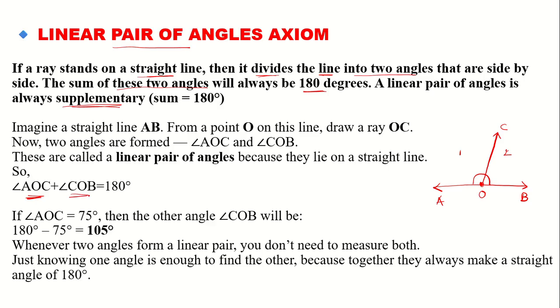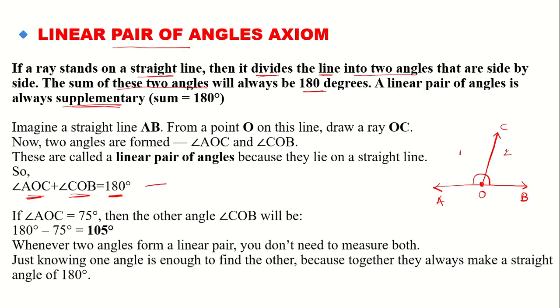Since these two angles are on a straight line, they form what we call a linear pair of angles. Therefore, angle AOC plus angle COB is equal to 180 degrees. So, this is the equation of a linear pair of angles: first angle plus second angle is equal to 180 degrees.